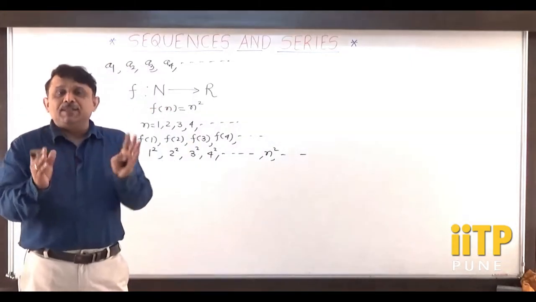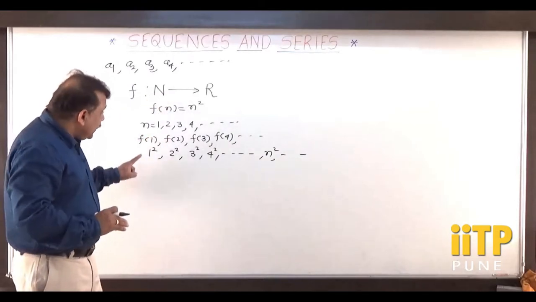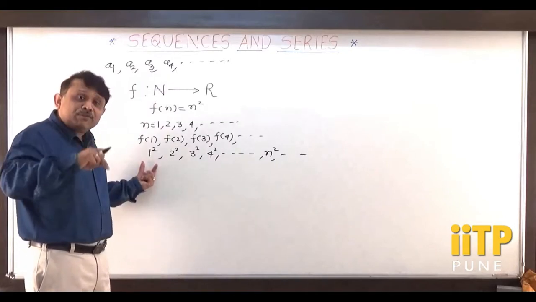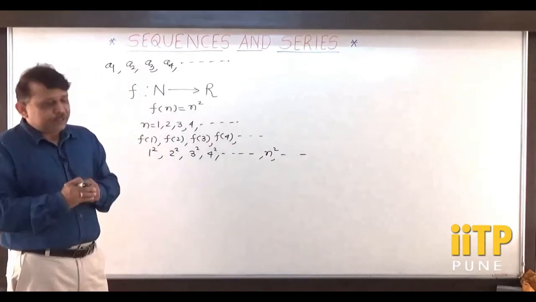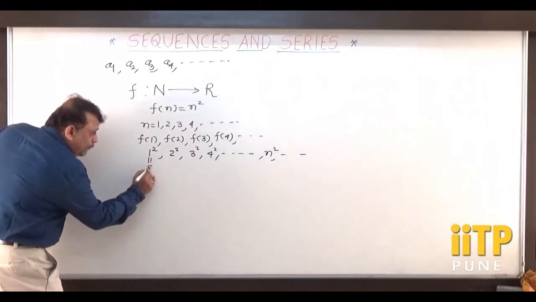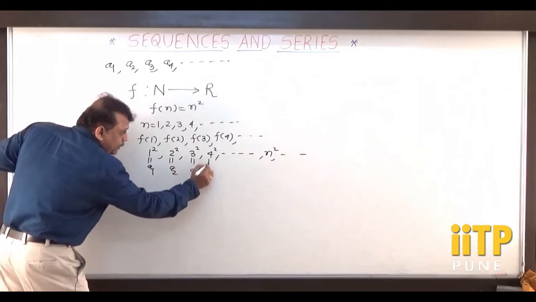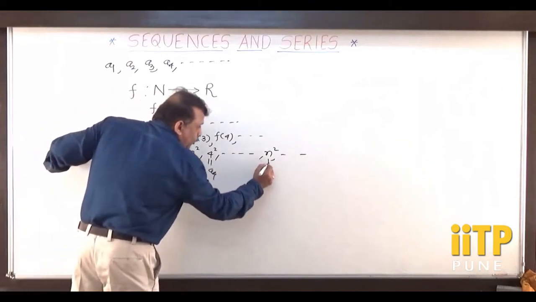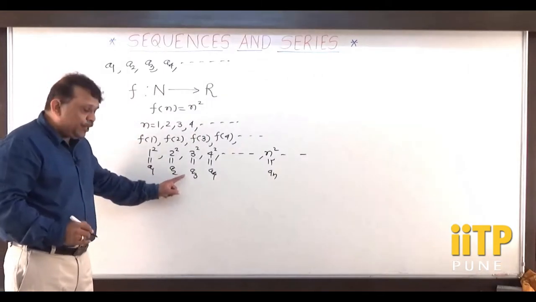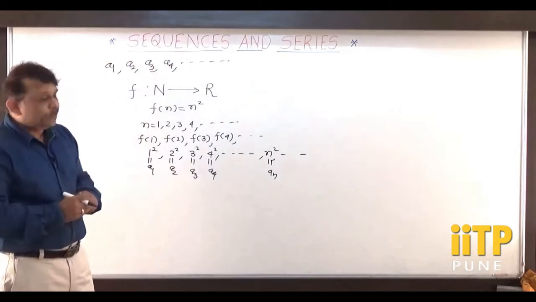So a sequence is a function on the set of natural numbers, and the elements of the sequence are nothing but values of the function at the natural numbers. If I denote these by A1, A2, A3, A4, up to an, I get the sequence A1, A2, A3, A4, ..., an.